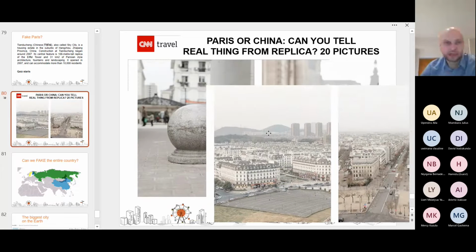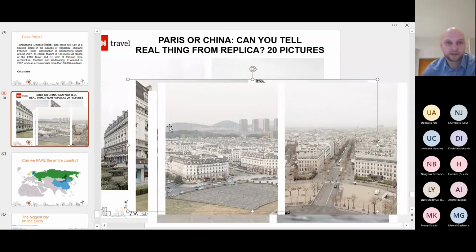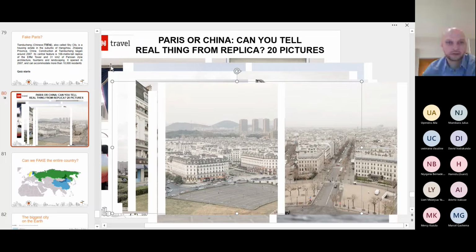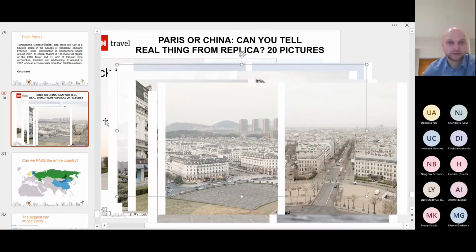Here, let me check how many pictures we have. A lot. So let me just select the last three and we proceed to the next question. Okay, so Paris, where are you?